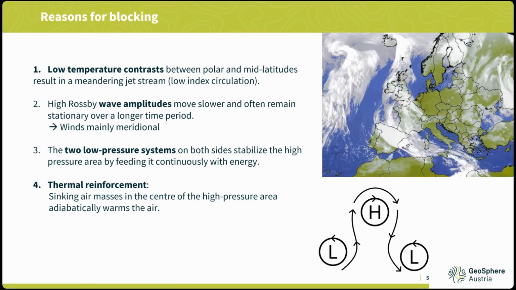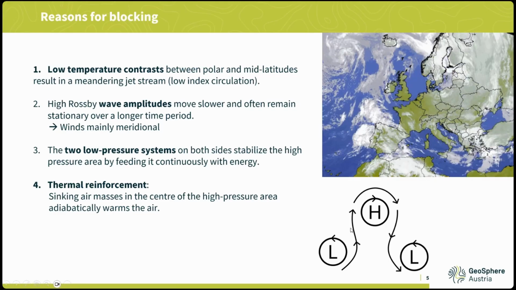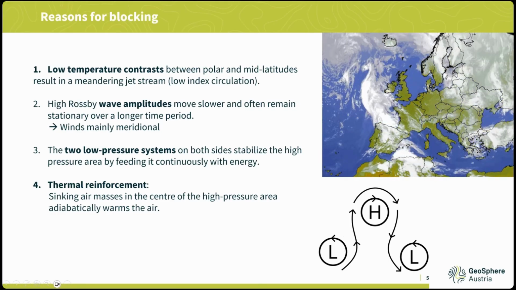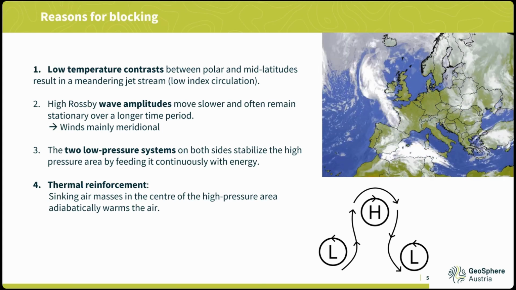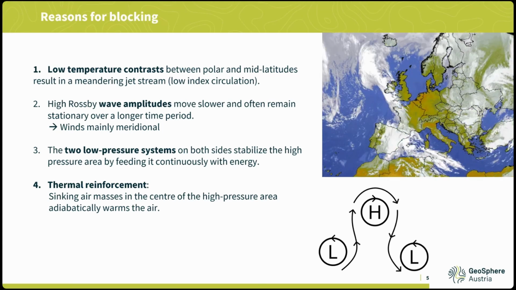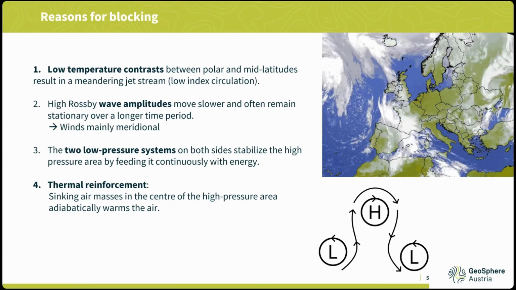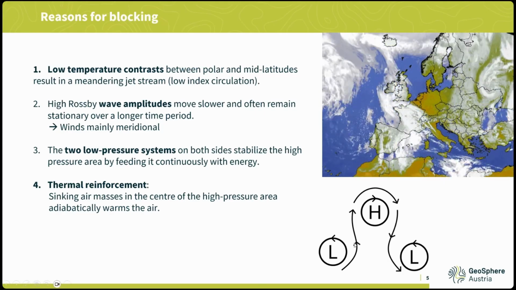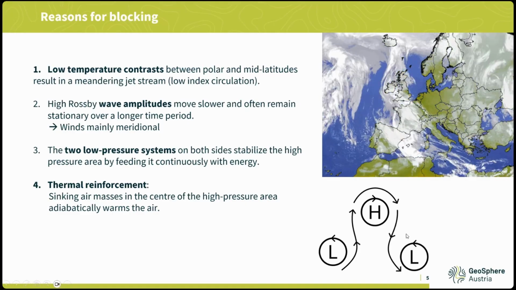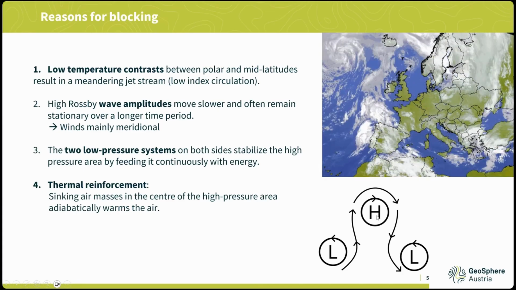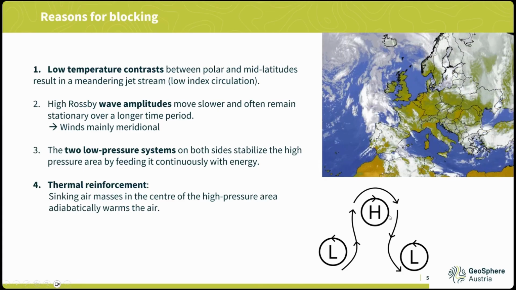We have, and this can be seen here in the schematic on the bottom of the slide, these two flanking low pressure systems. It can be more than two, but these are very important because they feed the high pressure area with energy. So they move the air to the north and bring vorticity towards the higher latitudes.